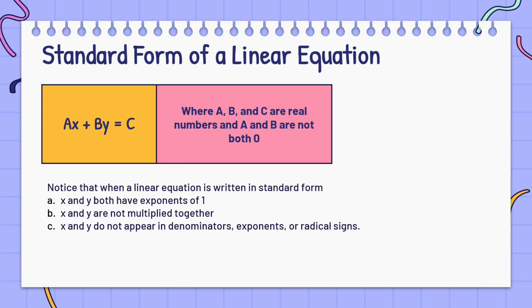Notice that when a linear equation is written in standard form: point A, x and y both have an exponent of 1; point B, x and y are not multiplied together; and point C, x and y do not appear in denominators, exponents, or radical signs.